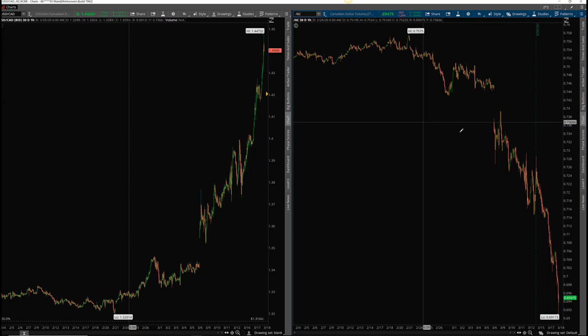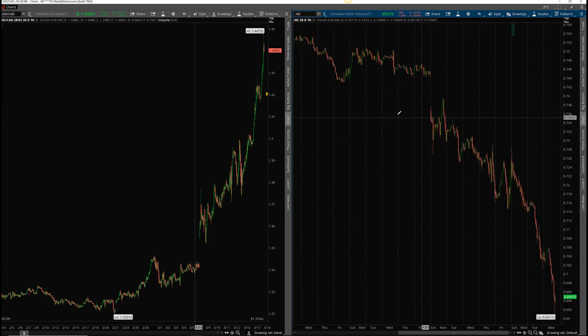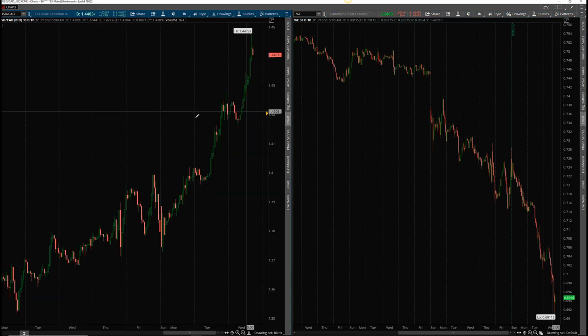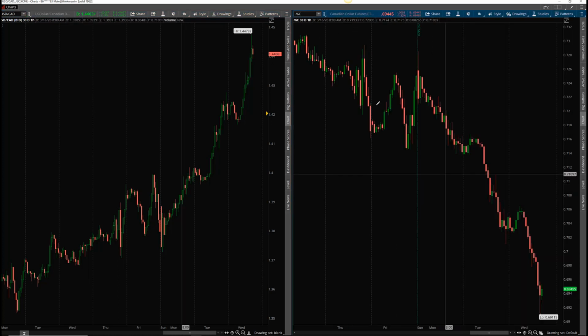Okay, now what's interesting is the corresponding futures symbol is going to be completely inverse. When the US dollar is the base pair, the futures symbol is inverse on the chart. Now you can see this is an incredible move higher. The opposite will happen in the futures contract, where the Canadian dollar is the actual base pair.